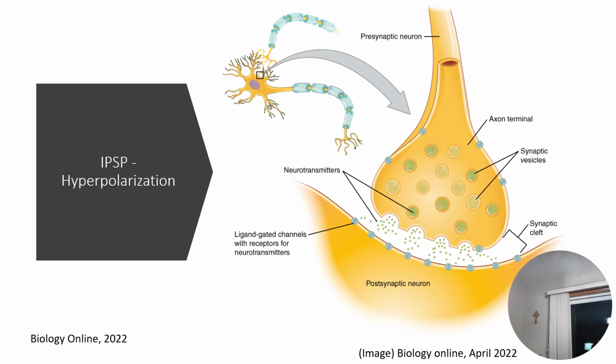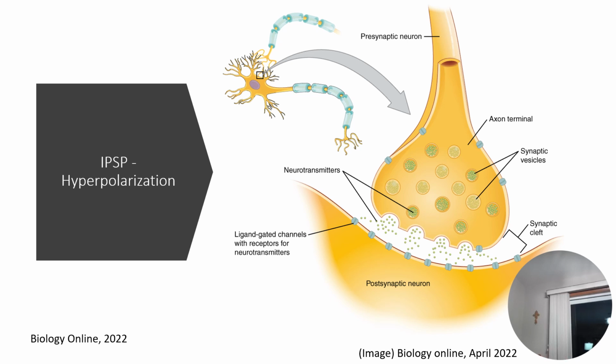So let's take a look back at our questions. Did we answer the question, what are the events leading to action potential? Depolarization is what triggers an action potential, and the excitatory postsynaptic potential causes it.